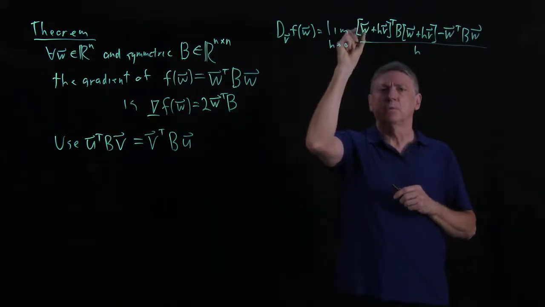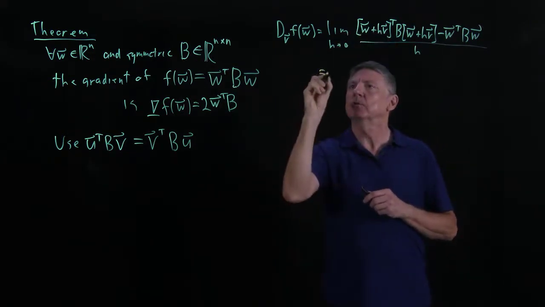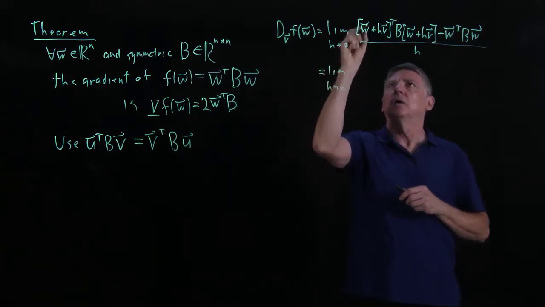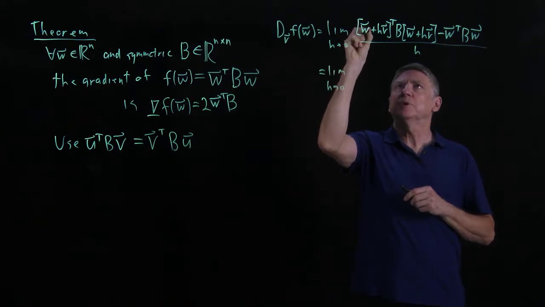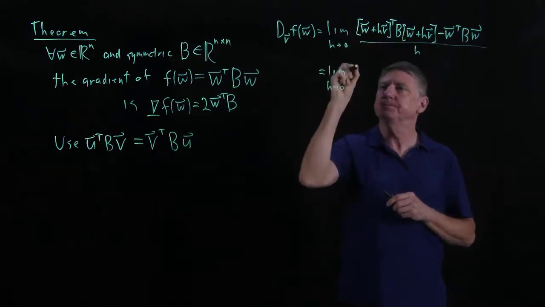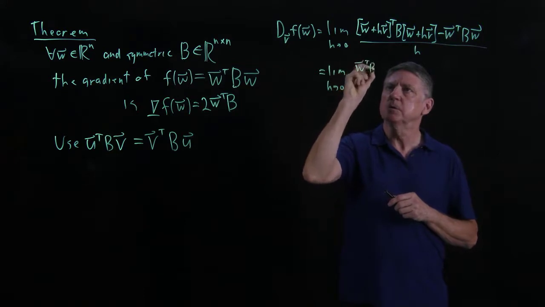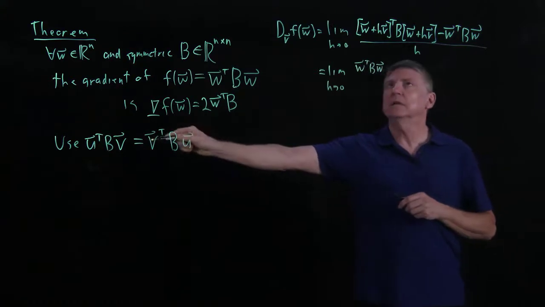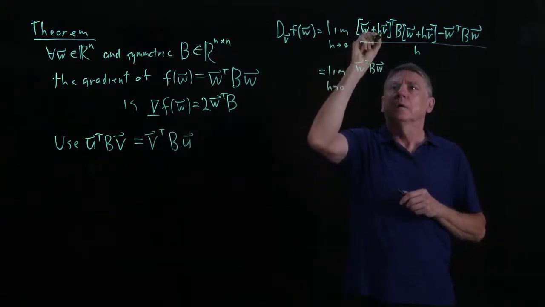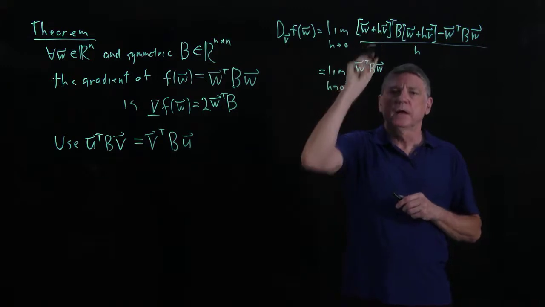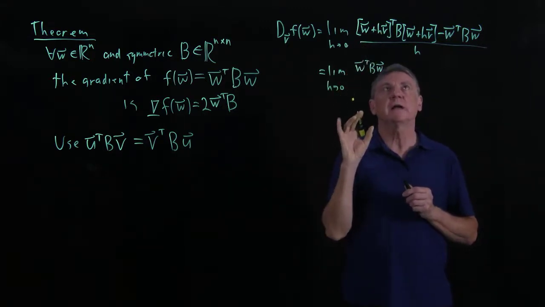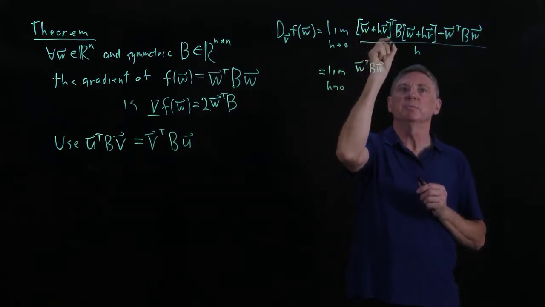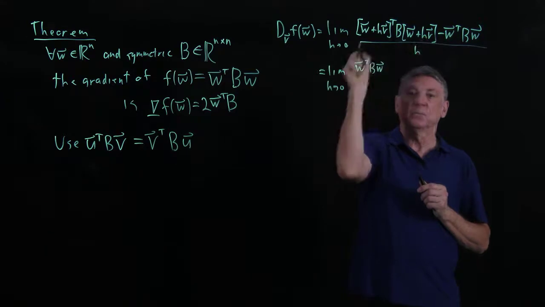Okay, so let's multiply this out. So that will be the limit as h goes to 0 of w transpose b w, and then applying this equality, we can write this next term. Here I've got a choice of how to write it. I'm going to expand it by taking this w transpose b and bringing h out.